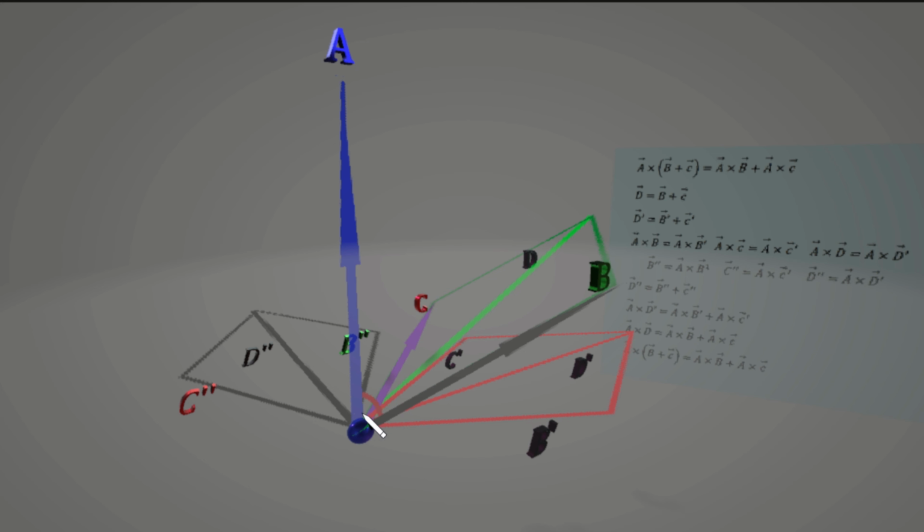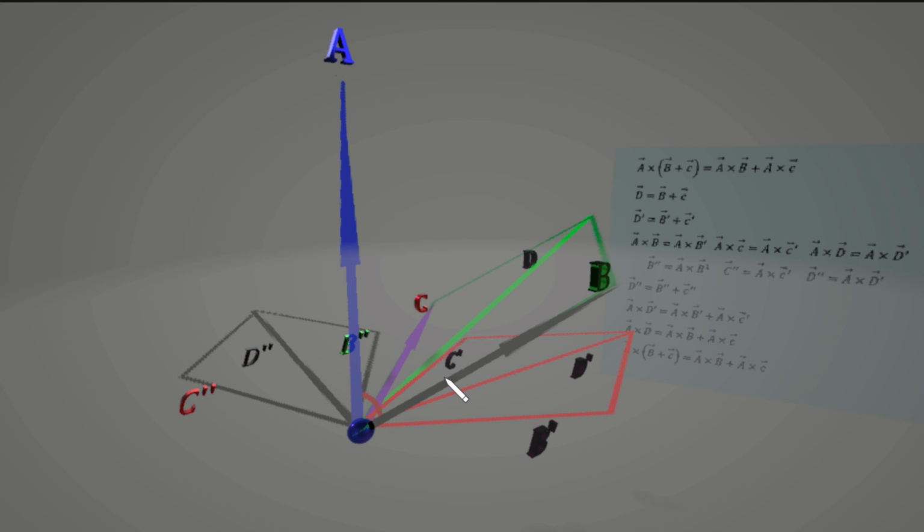Let us assume these three vectors as co-initial vectors. That means all these three vectors pass through the same point. In that situation, the resultant of B bar and C bar gives a new vector D bar according to the parallelogram law of vector addition.